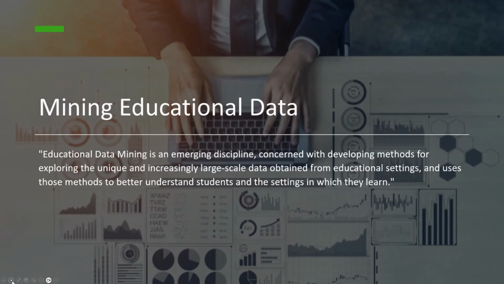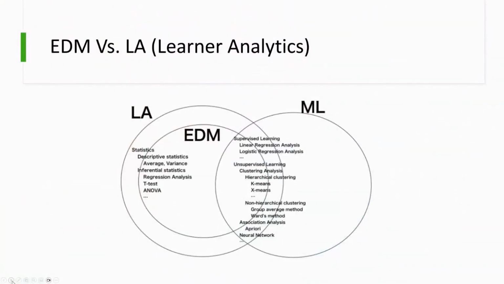And going forward, I'll also show you how exactly EDM, that is educational data mining, is different from learner analytics, and also what machine learning has to do with it. As you can see in the Venn diagram here, learner analytics is a huge thing, which is actually a part of machine learning itself.